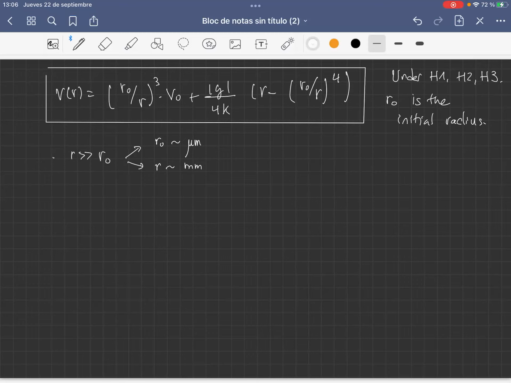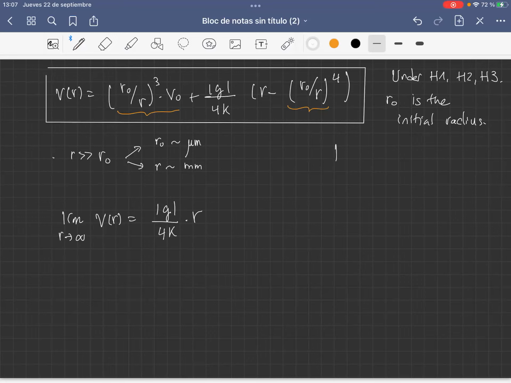So basically, we can suppose that r is going to be way greater than r0. So if we take the limit when r goes to infinity of our velocity, we'll get like the initial term will go to 0, and this one will go to 0 as well. So we'll just end up with modulo of g divided by 4k multiplied by r.